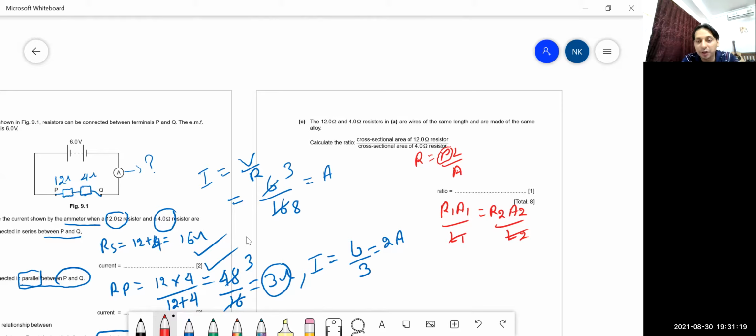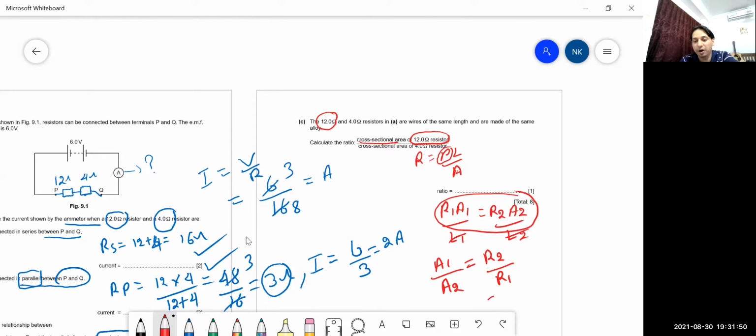Calculate the ratio of area of cross section of 12 ohm resistor, and 12 ohm resistor I will consider this one, that is R1. So I need to calculate the cross sectional area ratio. So I will take A1 upon A2. Be careful children, A1 upon A2 is equal to R2 upon R1. If you cross multiply, then again you will get the same equation back.